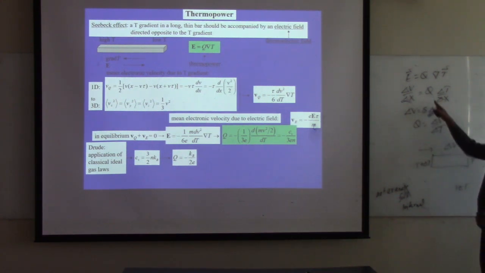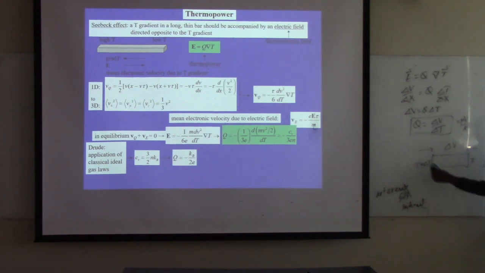Delta V is Q times delta T, so Q is delta V over delta T. So what is the unit? Volts per Kelvin. Typically we are getting microvolts per Kelvin, but there are new materials that get much higher.